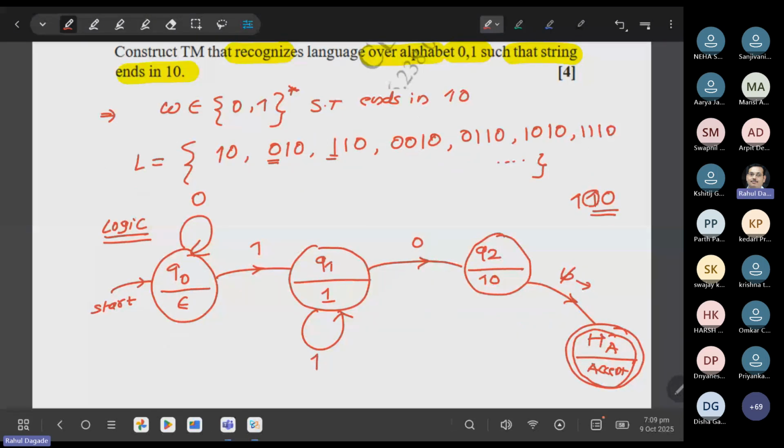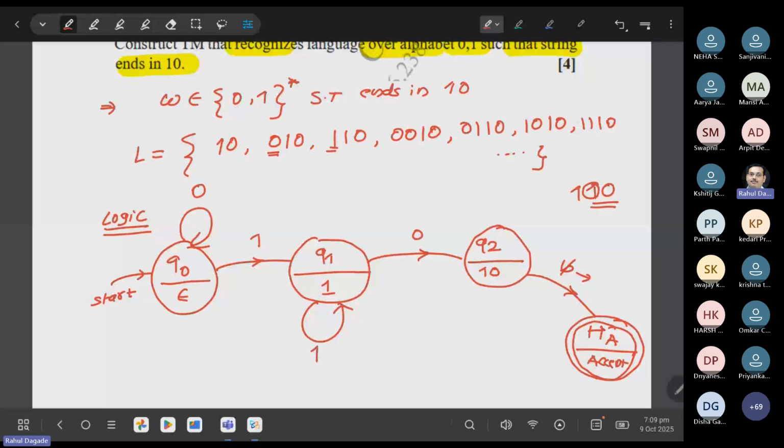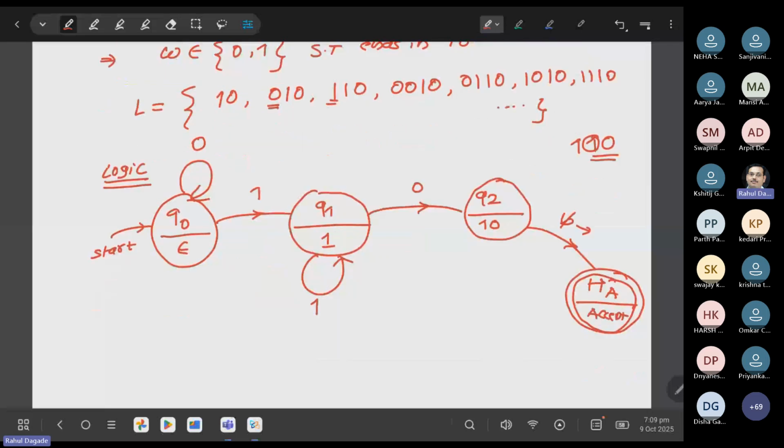So that means I have got 1. Now after 10, if I get 0, then I have to restart to get 10. So if I get 0 in the 10 state, I'll come to the null state, indicating that I have to restart again.